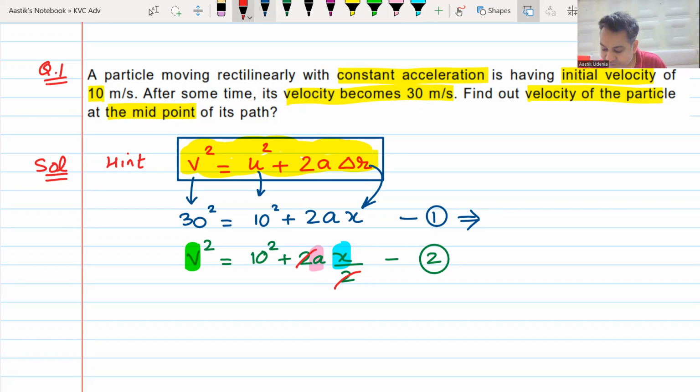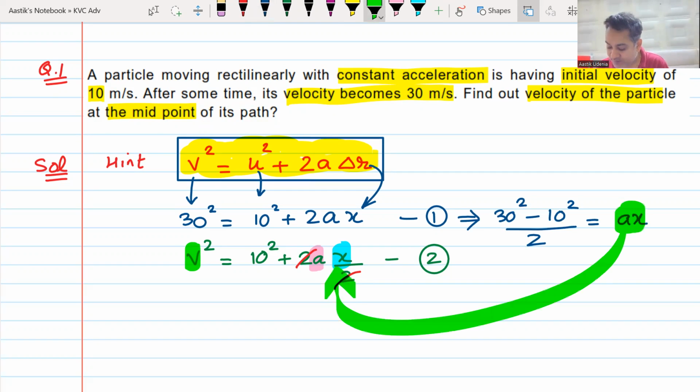Let me use the same blue pen. 30 square minus 10 square by 2 will be equal to A multiplied by X. Now I can put this value of A into X in this equation.